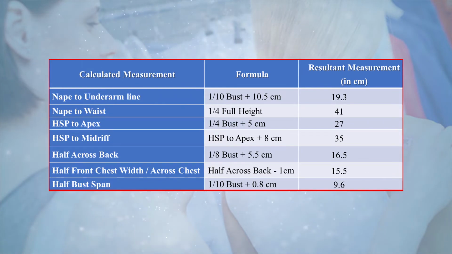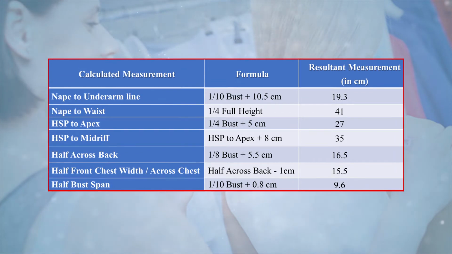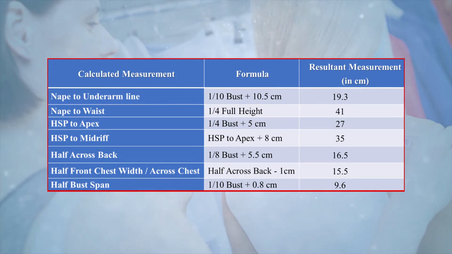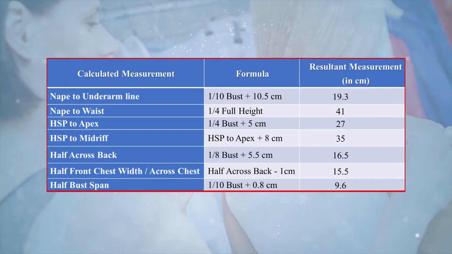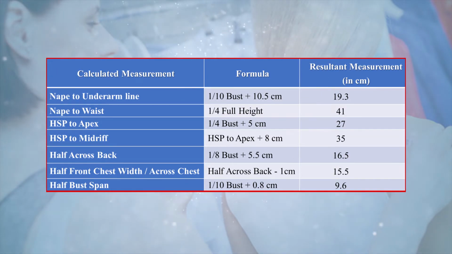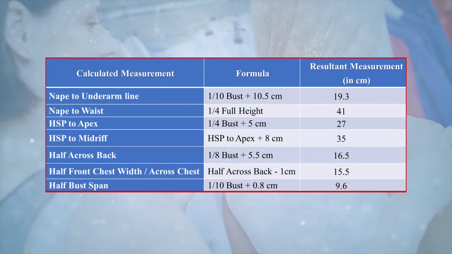What does this formula mean? Our actual bust circumference is 88, so we take 1/10 of that 88 centimeters, and then add 10.5 centimeters to get the resultant measurement.